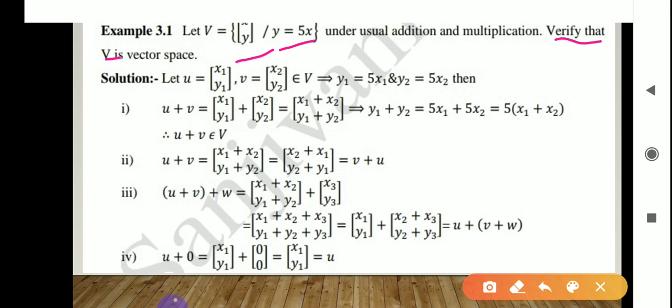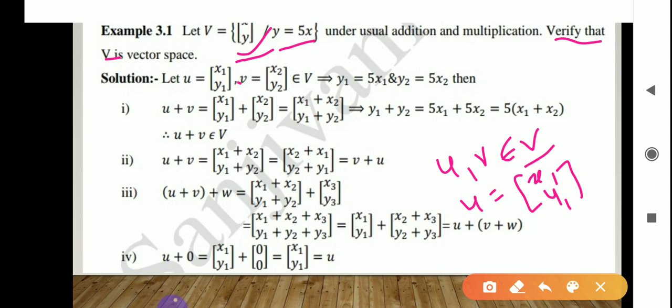Suppose u and v are elements of V. If u belongs to V, then instead of (x, y) we take u equal to (x1, y1), and v equal to (x2, y2), which belongs to V. Then in set V, y1 is equal to 5 times x1, and y2 is equal to 5 times x2. Now we have to check the first closure property, u plus v.